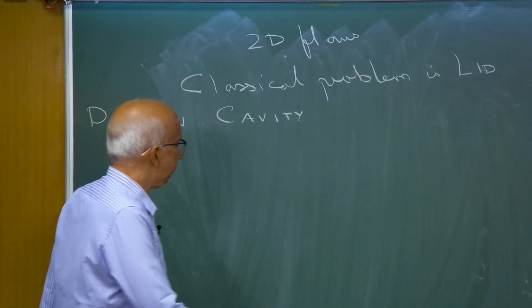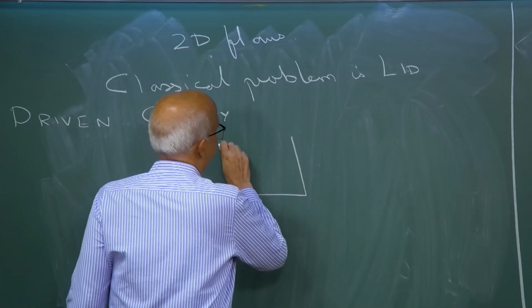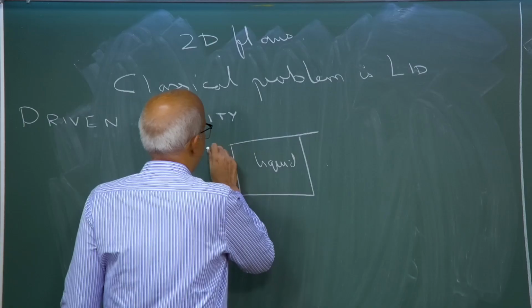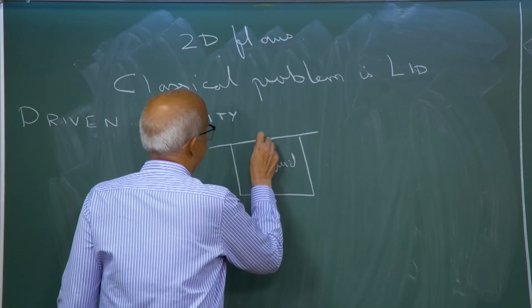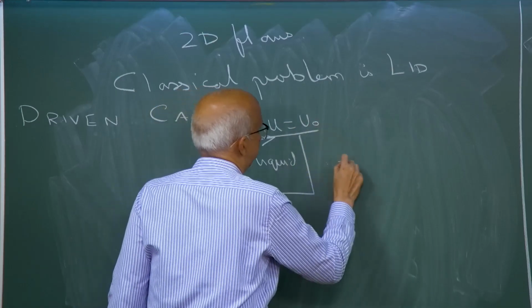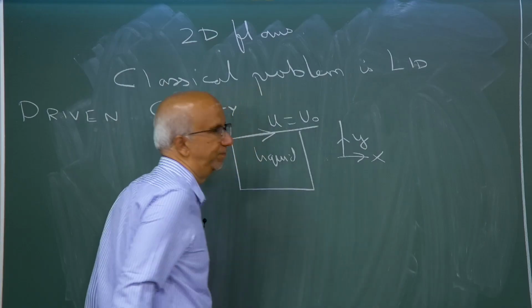So, there is this cavity here, this contains liquid, and this top wall is moving at u equals u naught, this is x and this is y.